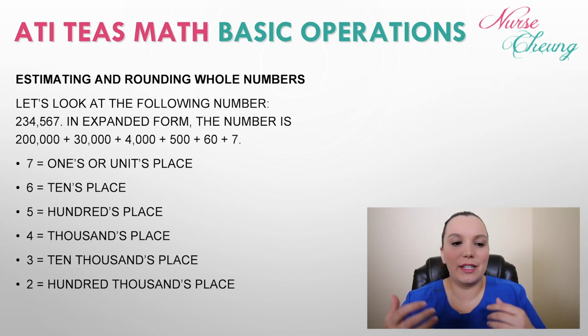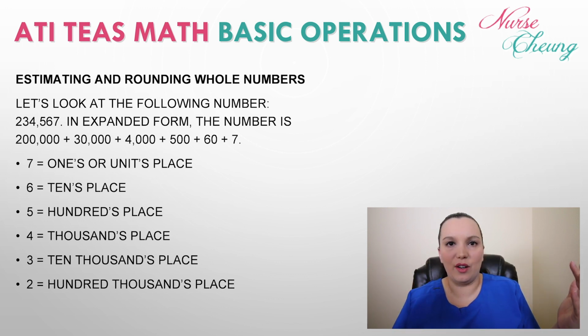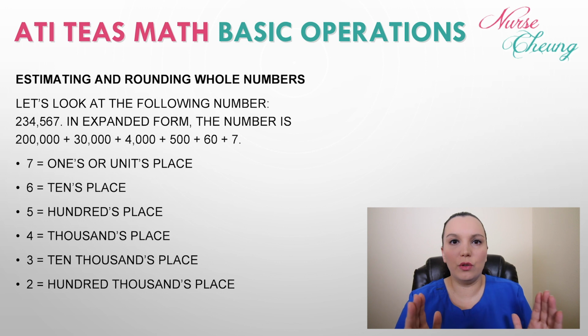So our example is 234,567. So when you're looking at this number in the expanded form, we're looking at 200,000 plus 30,000 plus 4,000 plus 500 plus 60 plus 7. So to break it down, starting from 7, working our way to the left, 7 is in the ones or the units place.